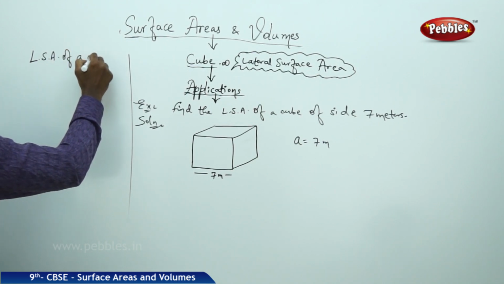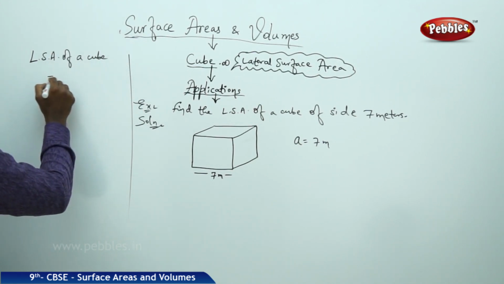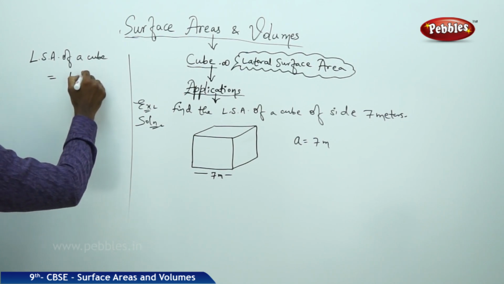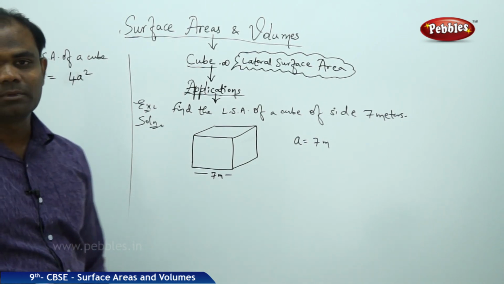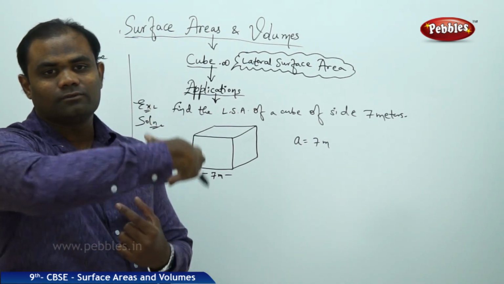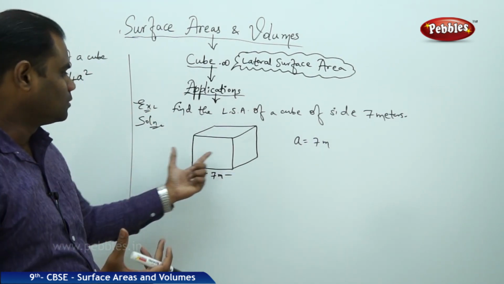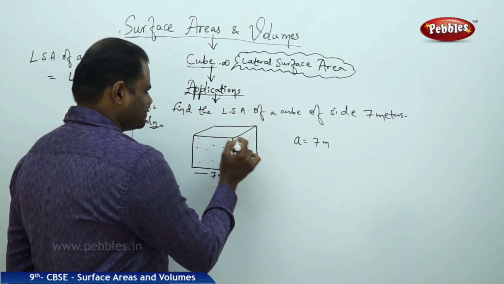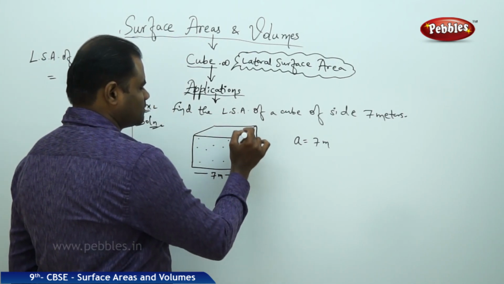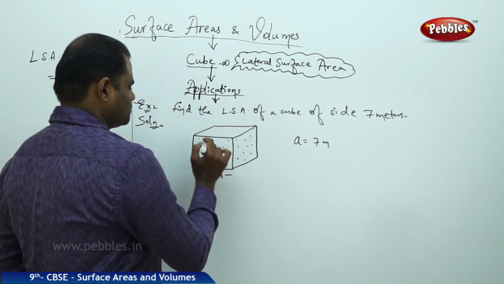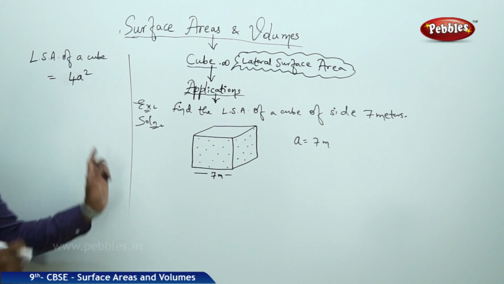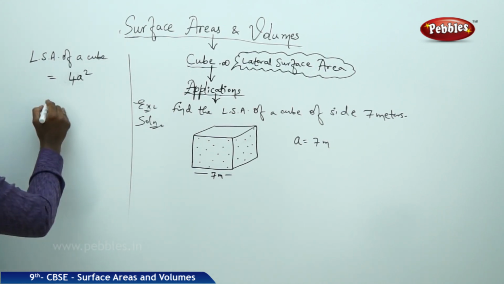Lateral surface area of a cube is 4 times A square, as we have seen in the formula. 1, 2, 3, 4: 4 faces or the 4 squares which are taken into consideration. So let's see how we can add up.